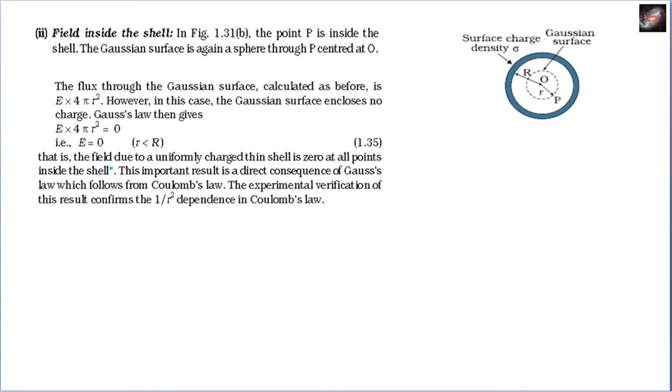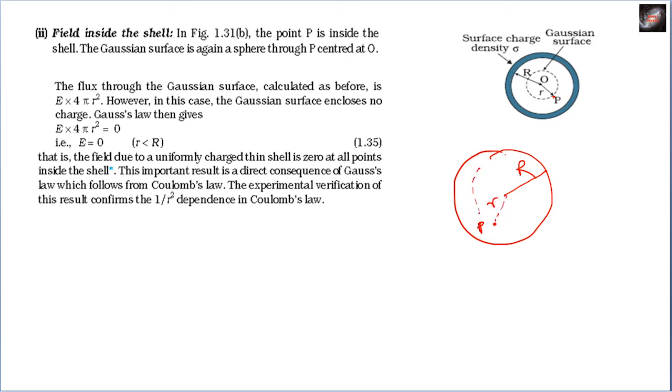Now if we consider the point where we are trying to determine the electric field to be situated inside the spherical shell, let us draw the diagram again. This is our spherical shell which has radius R, and we are trying to determine the electric field at a point situated inside the shell. Say from the center the distance is small r.